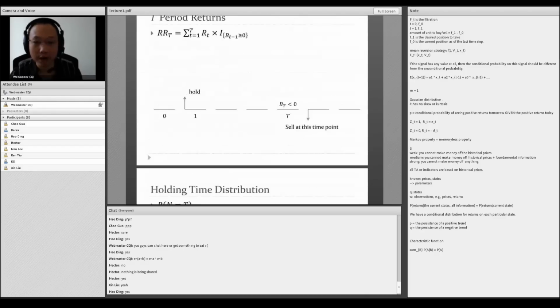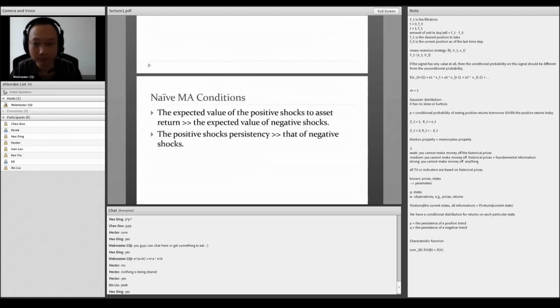Okay, and on the other hand, by intuition we know that the positive trend, or the uptrend, needs to be a lot more persistent than the negative trend. We didn't know how persistent it needs to be. Now we know from this computation how persistent it needs to be.